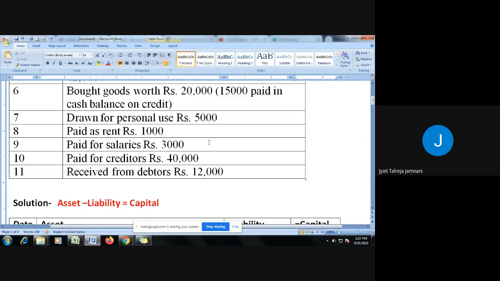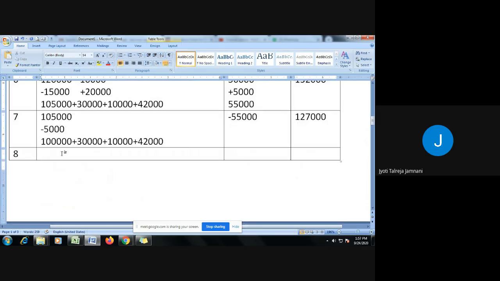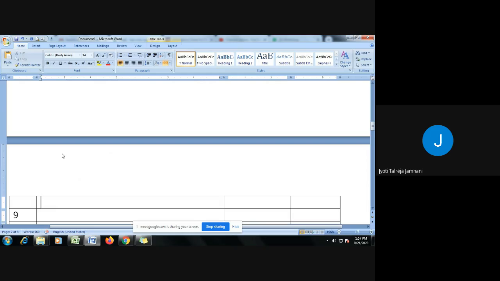Yes. So now let's do the 8th one. Paid as rent rupees 1,000. So from 1 lakh rupees cash, you will pay minus 1,000 rupees as rent. So the new cash balance will be 99,000.